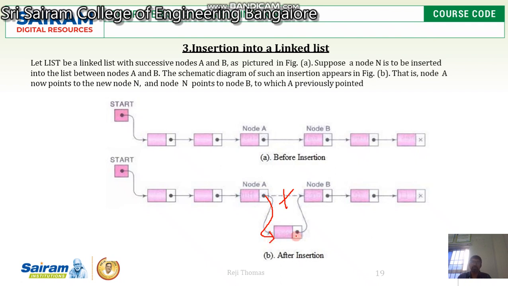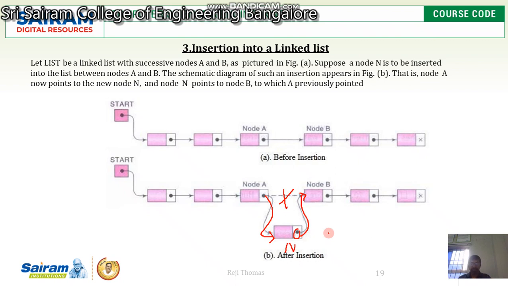And what happened with the new node? Let us take it as N. So N's link part, this is going to be the link part for that. The link part gets address of B. It's a pointer to the B. In reality, what has happened?